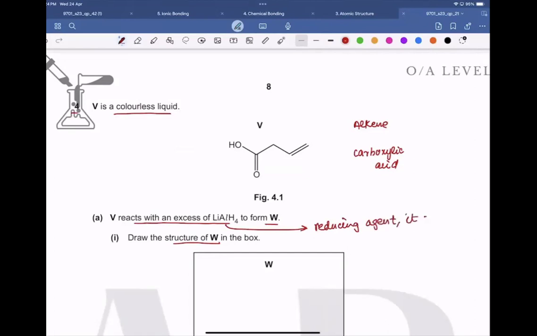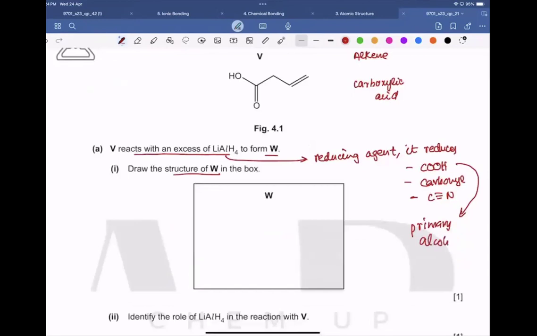It reduces carboxylic acid, it reduces carbonyl, which means aldehyde and ketone, it reduces nitrile. And here we have a carboxylic acid. So in W, carboxylic acid got reduced, and whenever carboxylic acid gets reduced, it always forms a primary alcohol.